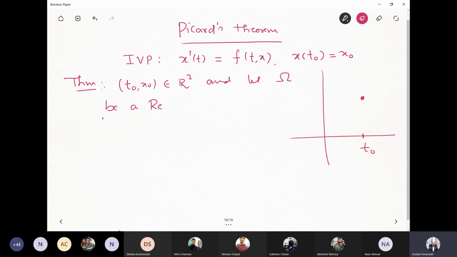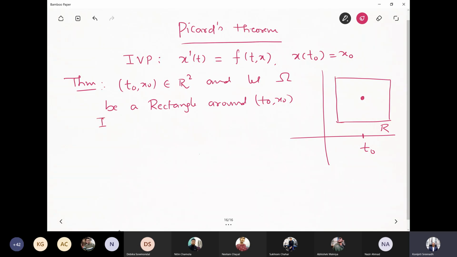Since they are the same, whether I take a rectangle or a domain, I'll take a rectangle around this point. So this is a rectangle around this point.